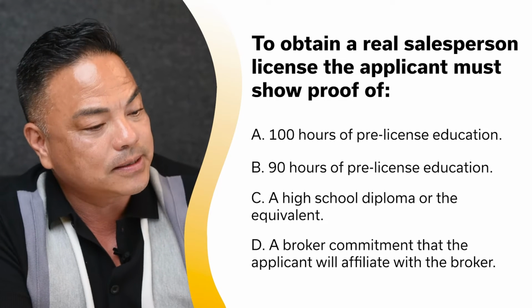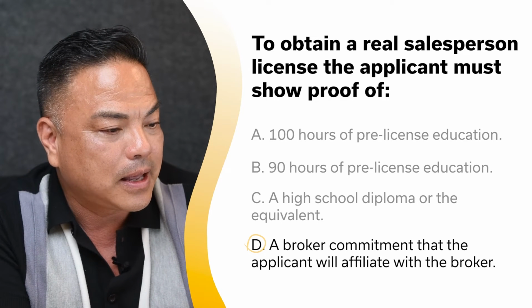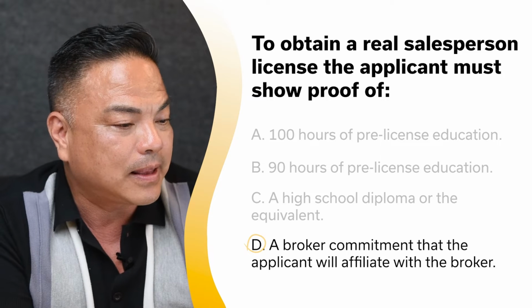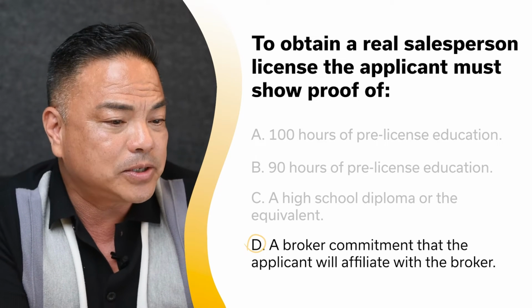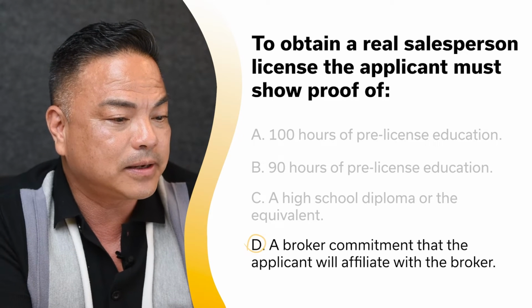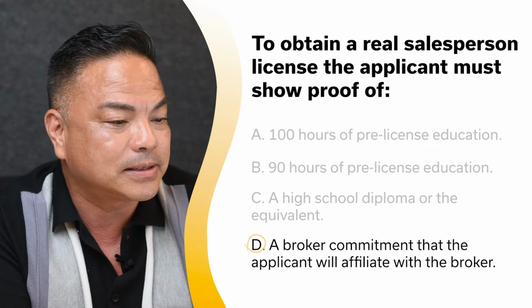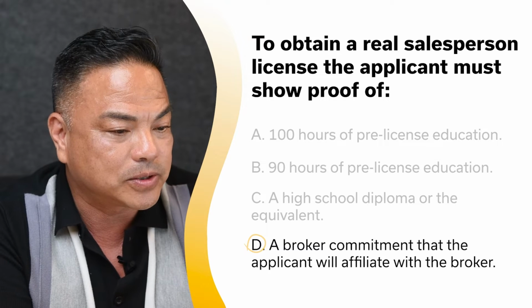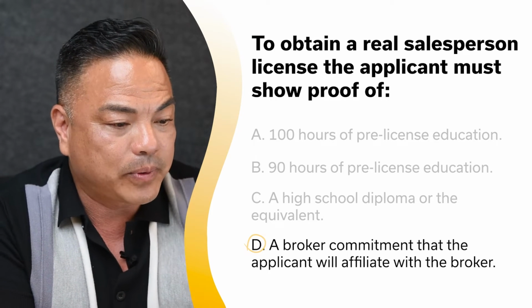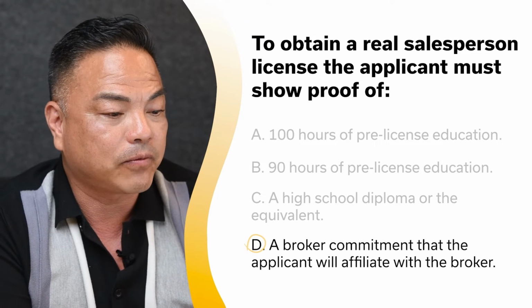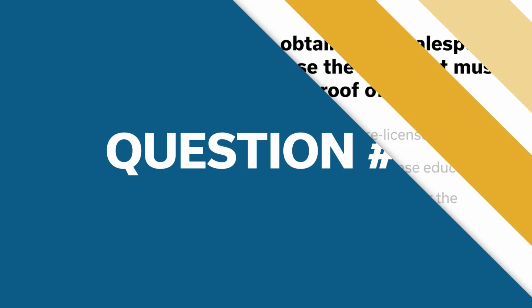And the answer is D as in dog, a broker commitment that the applicant will affiliate with the broker. The Real Estate Commission will not issue a license unless it is assured that the salesperson will be supervised by a real estate broker. The pre-license education requirement for a salesperson is 60 hours.